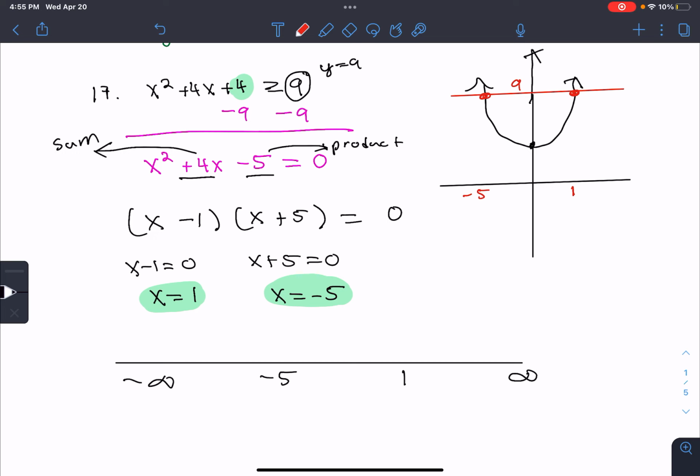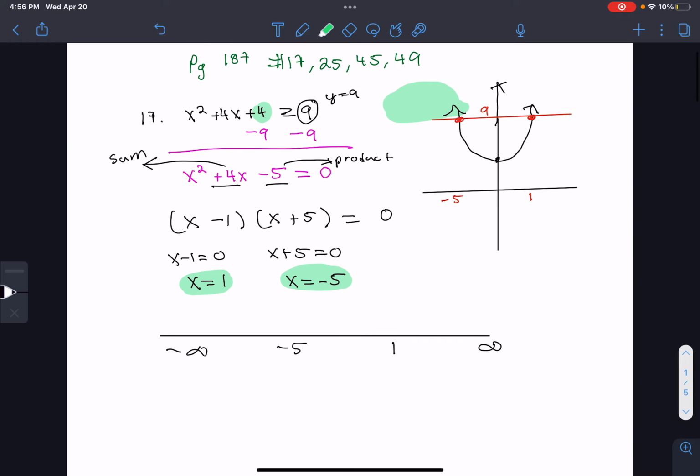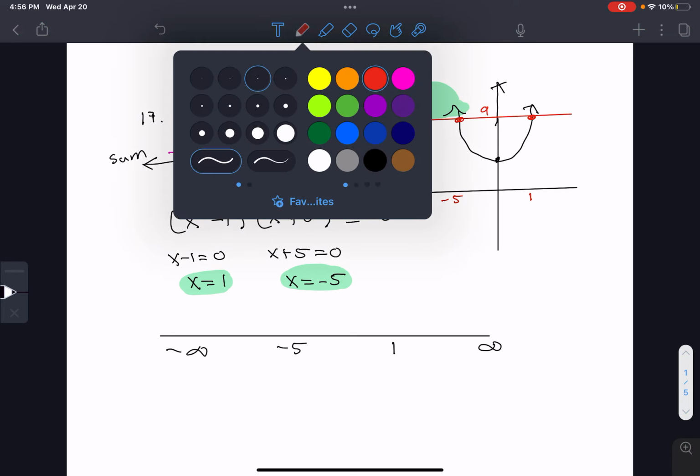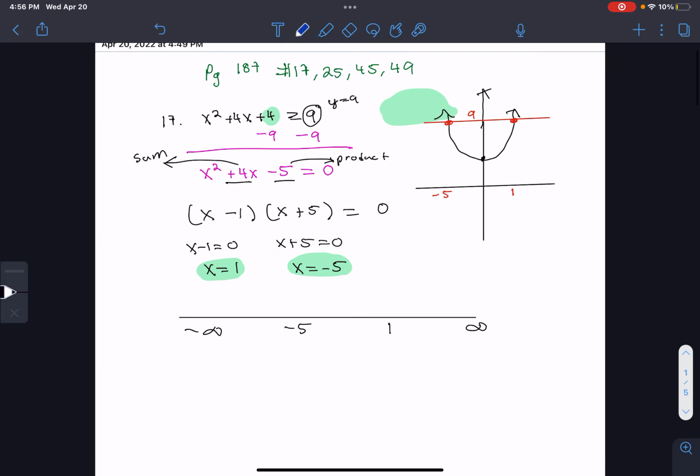If we look at the graph, I think it's easy to see that from -infinity to -5, which would be in this section right here, it's definitely above 9. But imagine you weren't able to graph this. What you have to do is pick a value. I'm going to pick -6 and plug it in, and check to see if it's greater than or equal to 9.